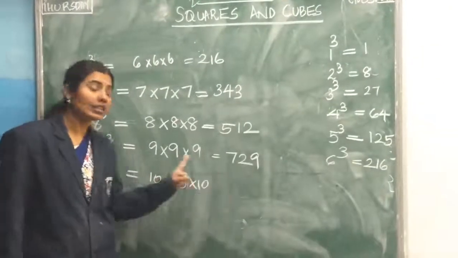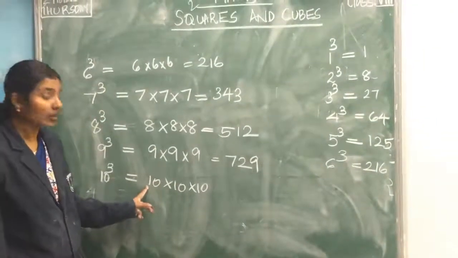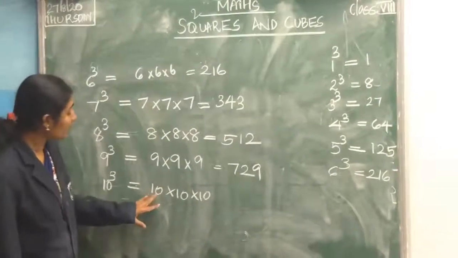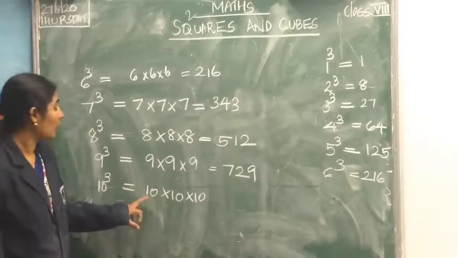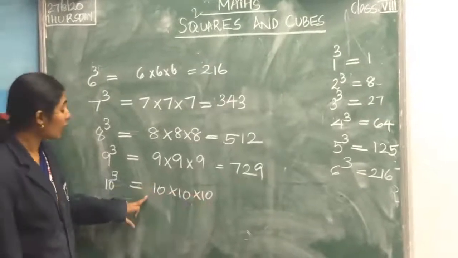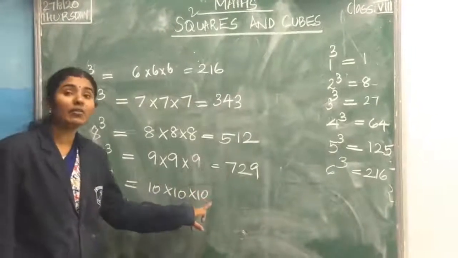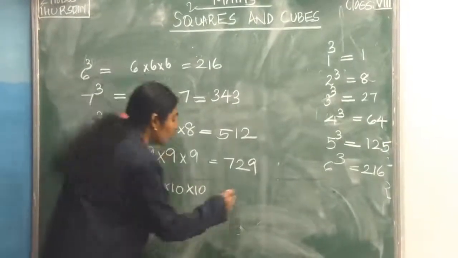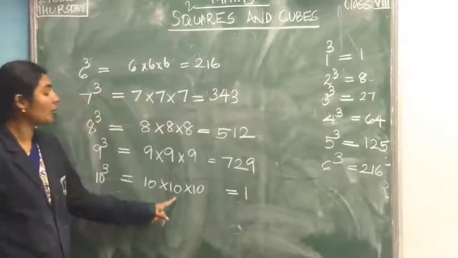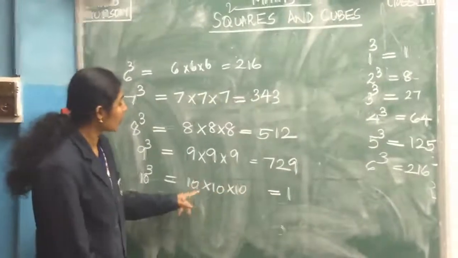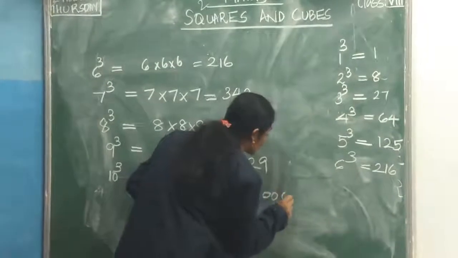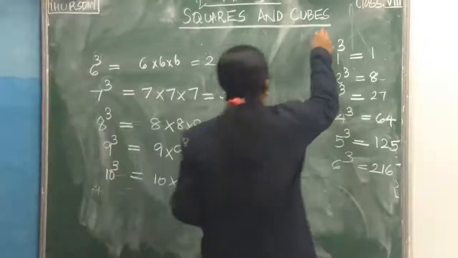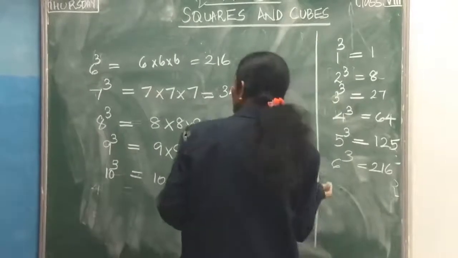Excepting the zeros, the number given is 1, 1, 1. 1 into 1 is 1, 1 one is 1. Total there are 3 zeros, so you should get 3 zeros. So 10 cube is 1000. Write all these answers in this column.